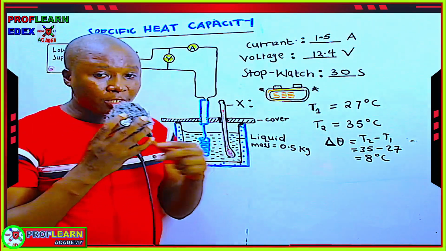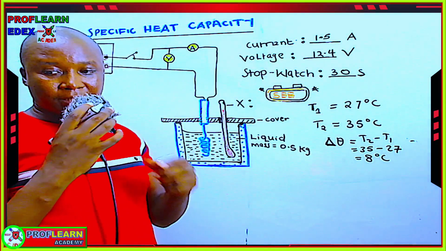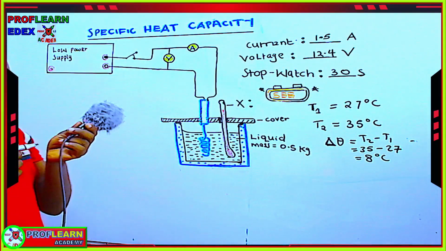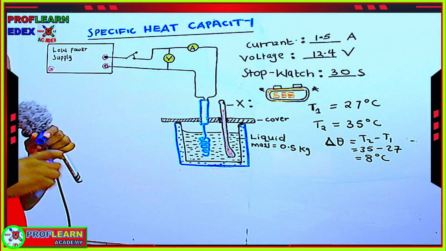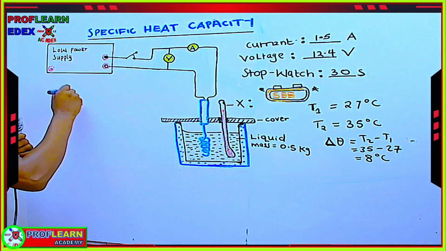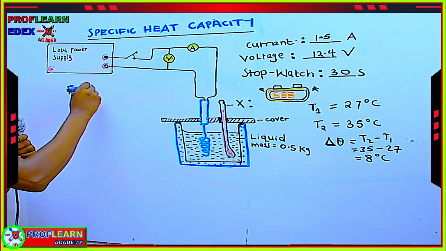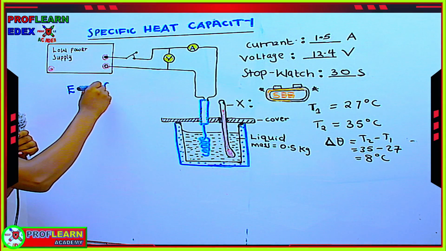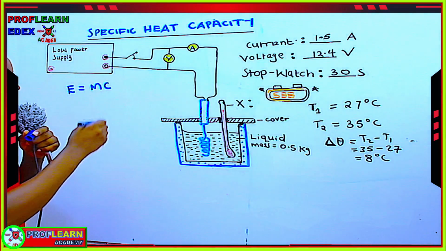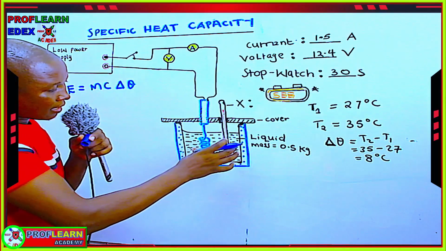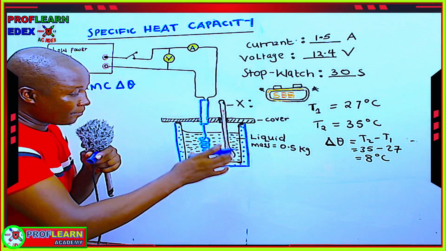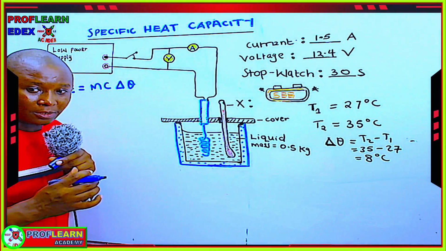Then, in order to work out the specific heat capacity, there are some formulas that we need to remember. The thermal energy of a substance is the mass of the substance times the specific heat capacity of that substance times the temperature change. That is how you calculate the thermal energy of a substance.